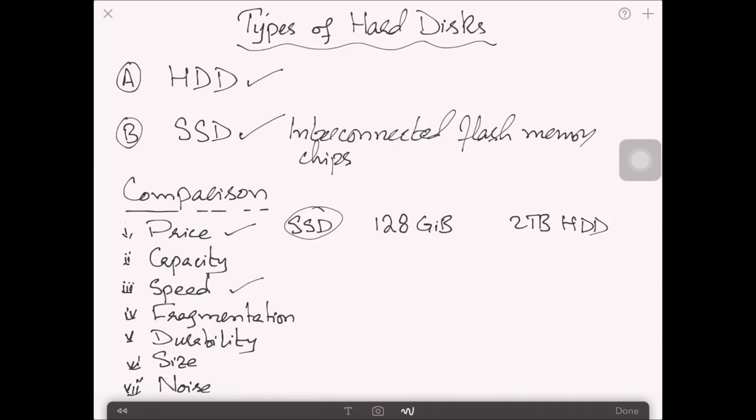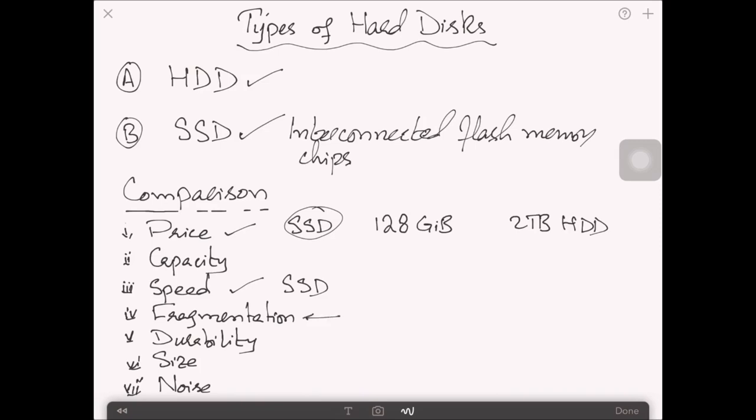The speed of SSD is too fast than that of the mechanical HDD. It runs applications faster, it transfers files faster, and of course, it boots your system faster.